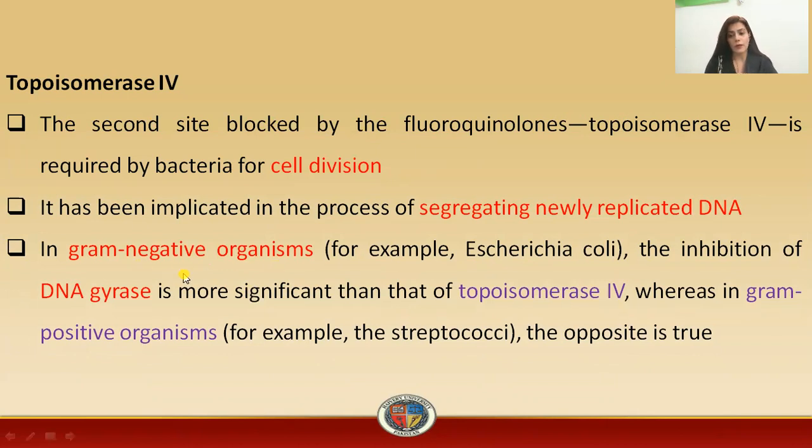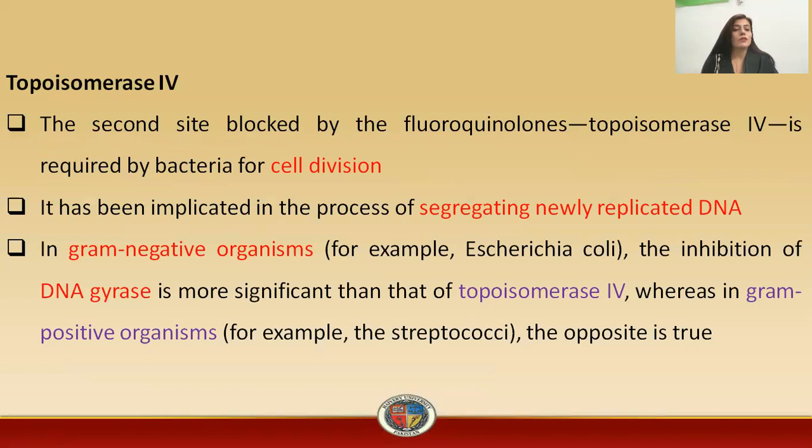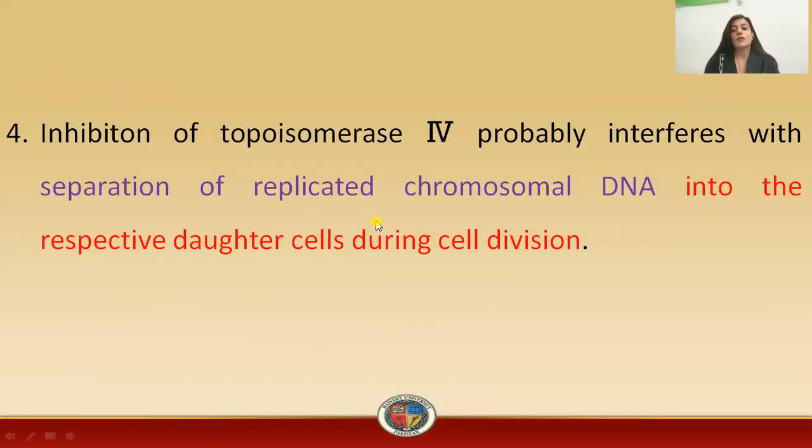In gram-negative organisms, the basic target of the fluoroquinolones is the DNA gyrase, while it is the opposite in the case of gram-positive organisms. Topoisomerase 4, in conclusion, is inhibiting the separation of the replicated chromosomal DNA into the daughter cells during cell division.